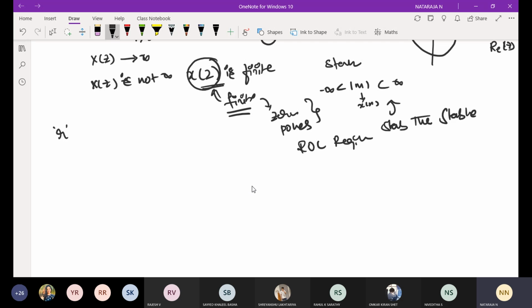Next point. The range of small r for which this condition is satisfied is known as ROC, that is region of convergence.